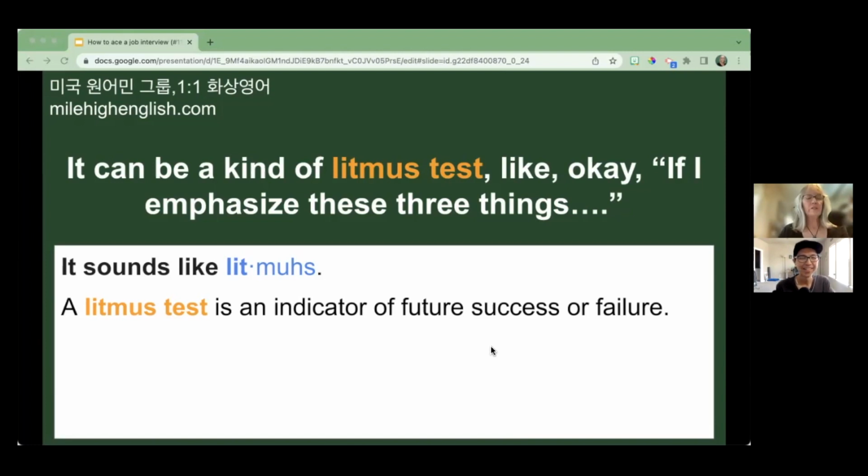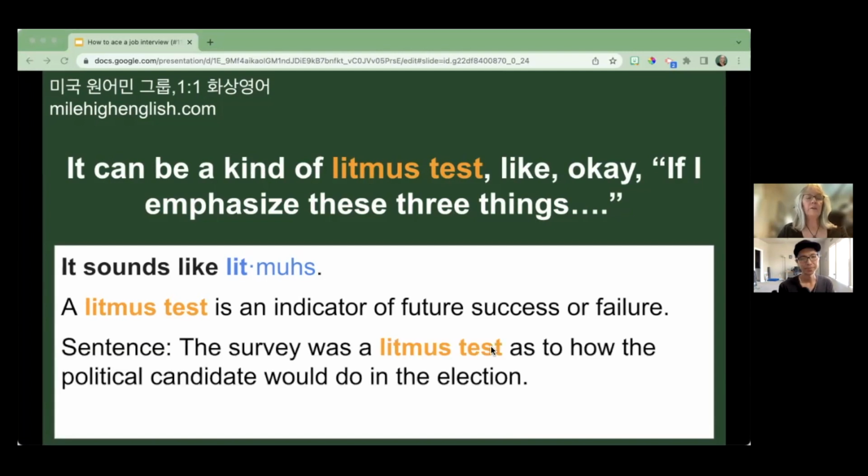Here's another sentence using litmus test. The survey was a litmus test as to how the political candidate would do in the election. So if you put out some survey and you see the results of that, that could be an indicator that this candidate may or may not be successful in an upcoming election, for example.